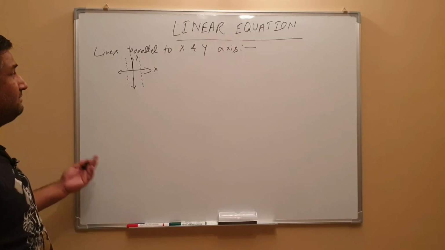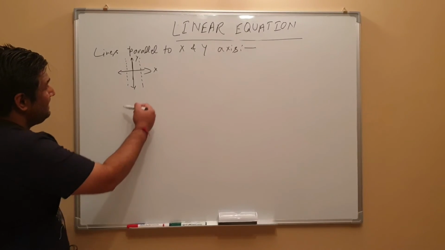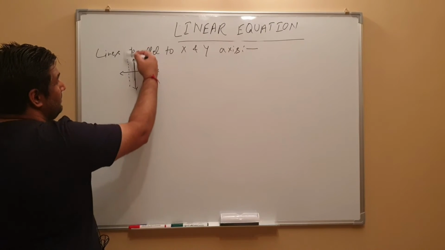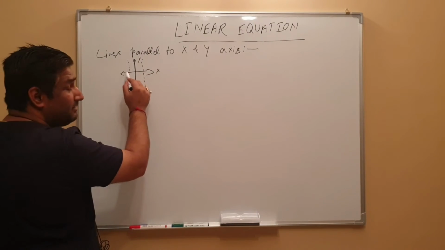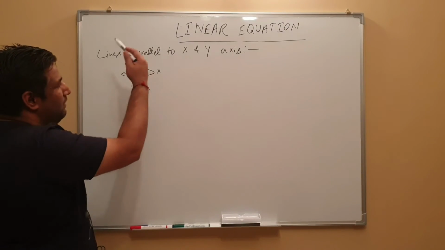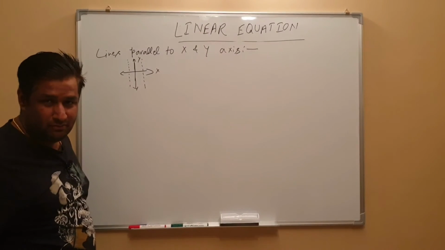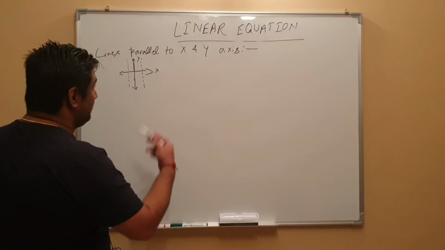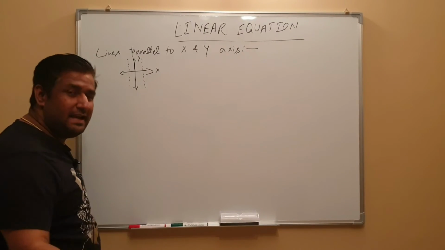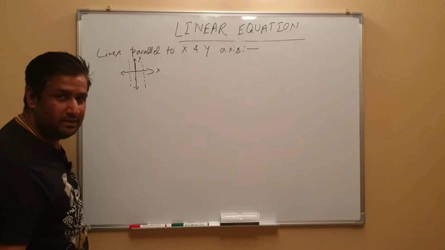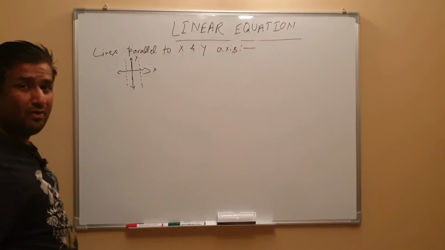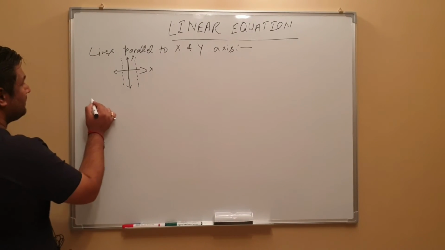Parallel to the y-axis means the x value is fixed irrespective of whatever y values you have. So in other words, you will only have the x value in this particular equation. Then only the line will be parallel to the y-axis.